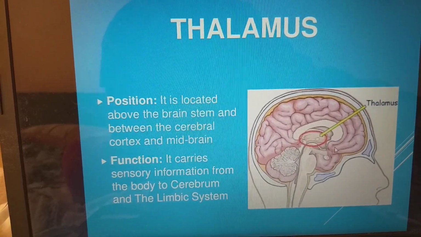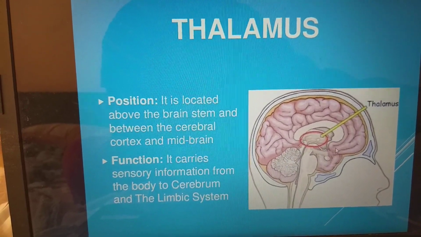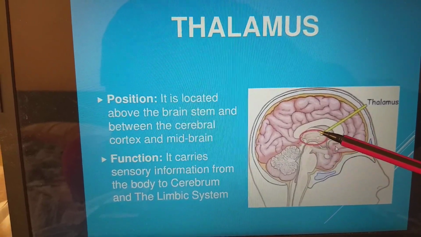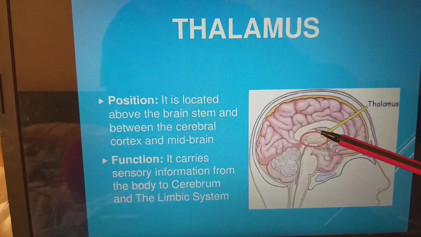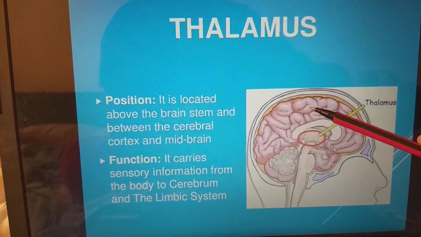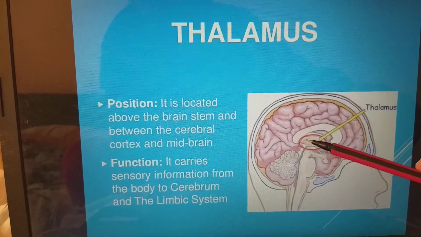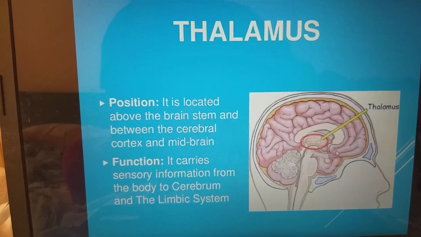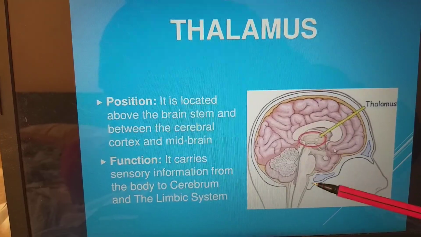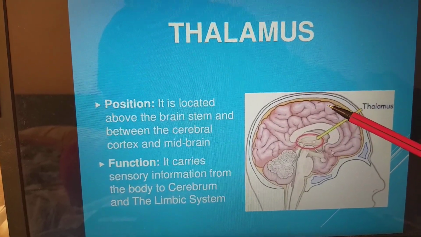Thalamus. Coming to the position of the thalamus, it is located above the brainstem. So this is the brainstem. It is located above the brainstem and between the cerebral cortex and the midbrain. So here we have the midbrain. Between the cerebral cortex and the midbrain, we have the thalamus. Function: it carries the sensory information from the body to the cerebrum and from the cerebrum to the body.